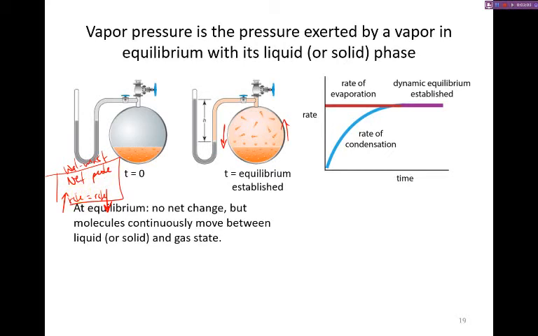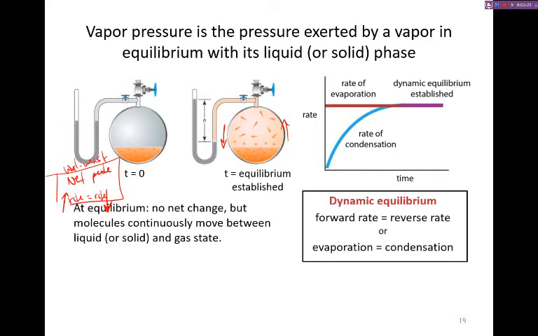Even though people are constantly going in and coming out, the net number of people will not change. And that's what we have for chemical equilibrium, that there's two opposing processes going back and forth. The molecules are constantly changing, but there's no net change. Again, our forward rate is equal to the reverse rate.